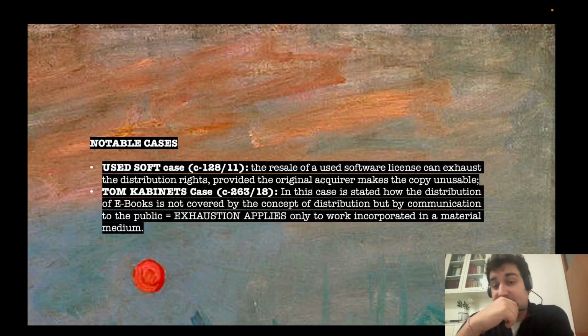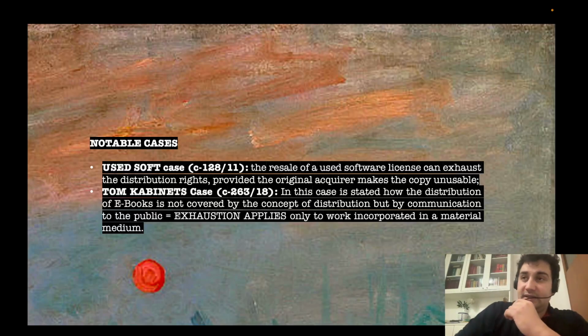In this case, it is stated that the distribution of ebooks is not covered by the concept of distribution, but by communication to the public. The exhaustion applies only to works incorporated in a material medium. This is the same principle, the one of Tom Kabinet, that actually applies to downloads and even to hyperlinks.